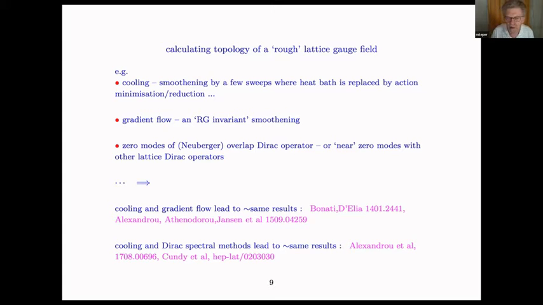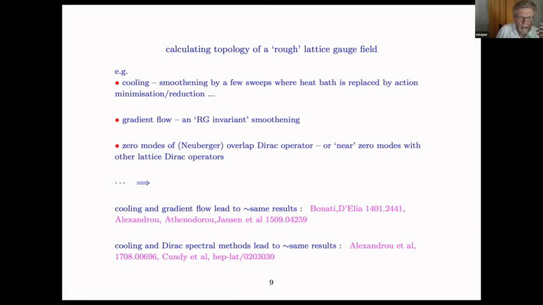There are variations of this in the literature. For example, a very nice one by Pierre Van Baal in the late 90s was a variation where you can find saddle points as well as minima of the action, which can be useful, obviously, if you're thinking of fermion zero modes or whatever.